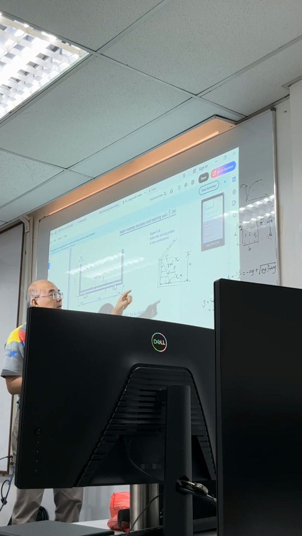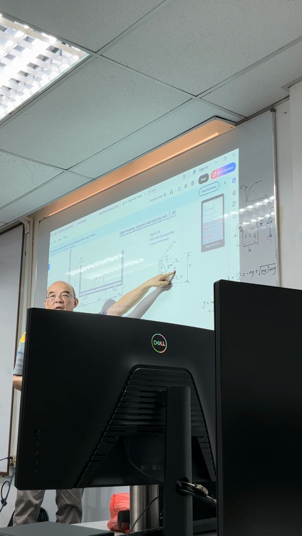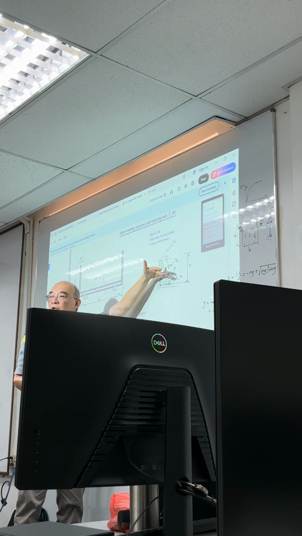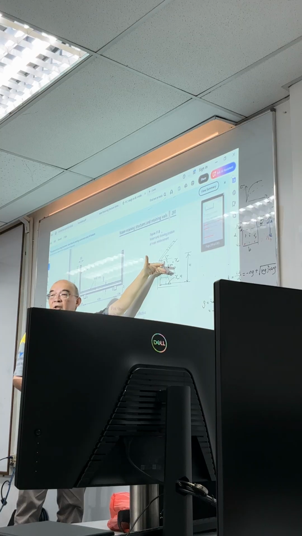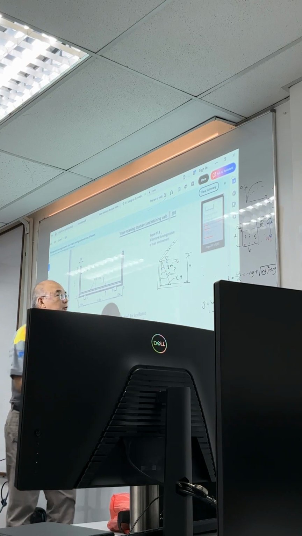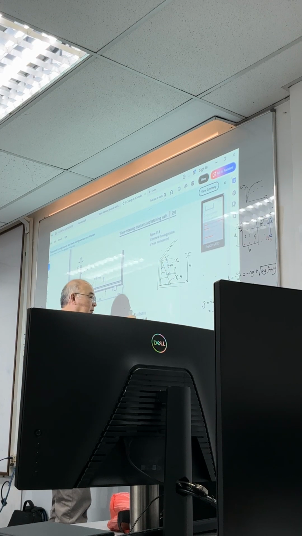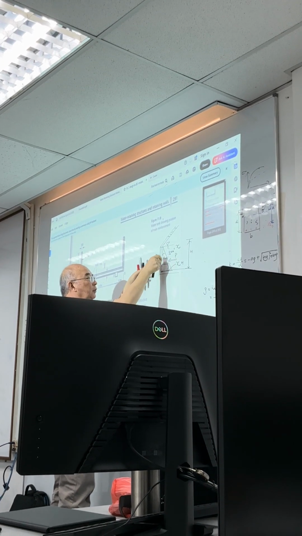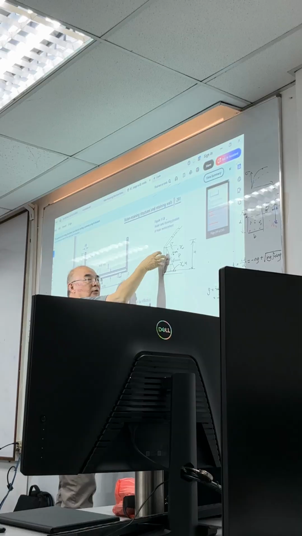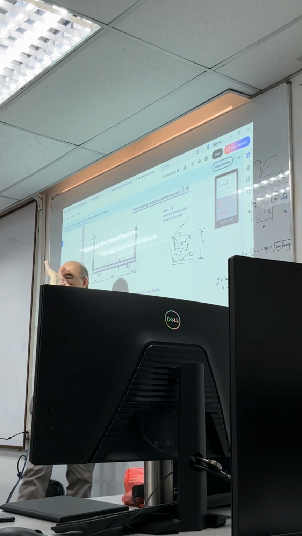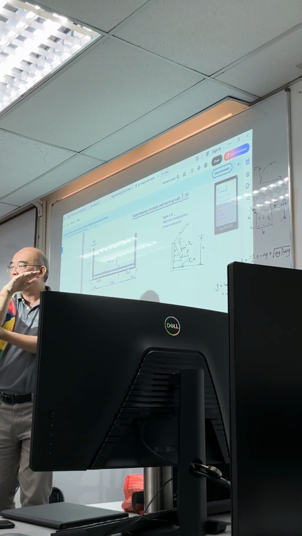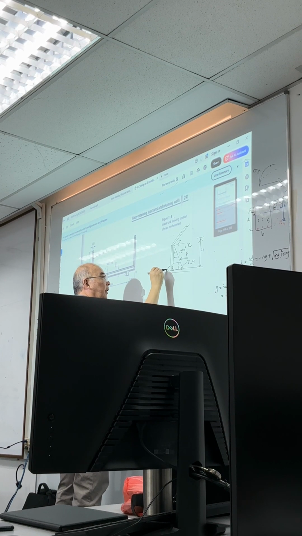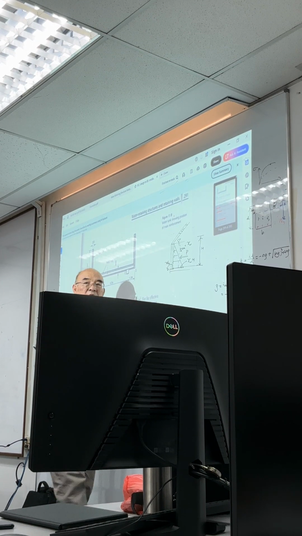Now, this is the force, but this force is at the centroid of the triangular area, not in the middle. So this force will cause this wall to rotate. This is a cantilever wall. So here you have an Ms, service slope moment.